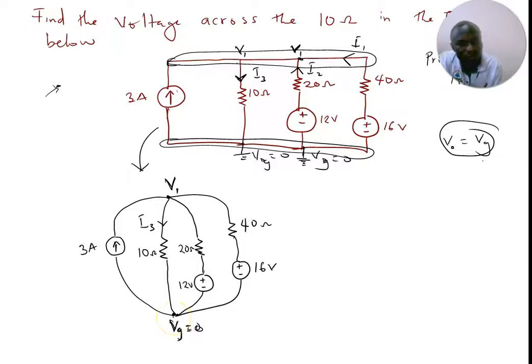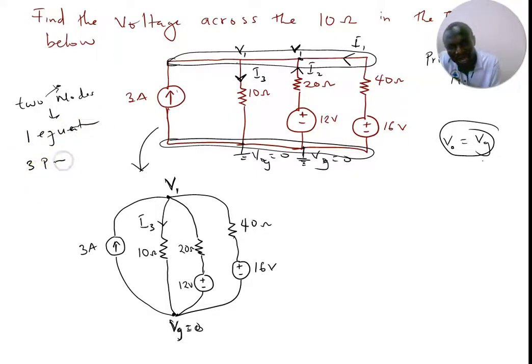Since we have two nodes, we need one equation in finding V1. If I have 3 principal nodes, I need 2 equations. You get it? It normally comes in the objectives that in nodal analysis, if I have 3 principal nodes, how many equations do I need to find the voltages at the node?